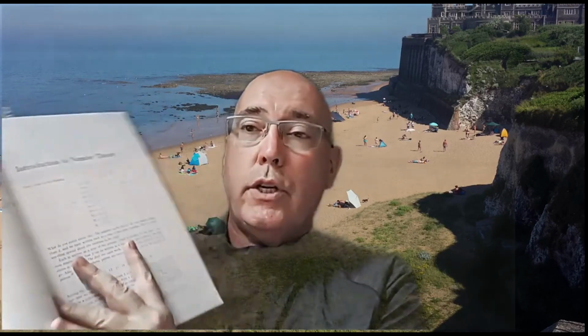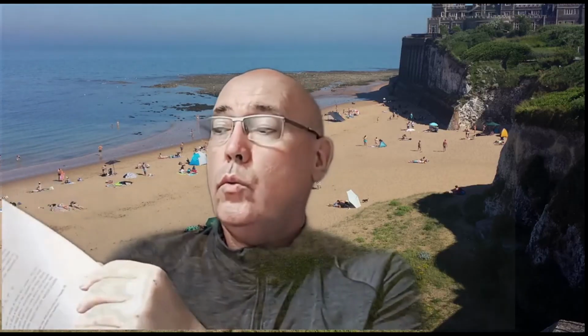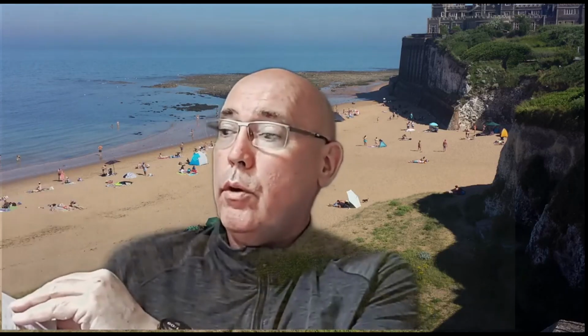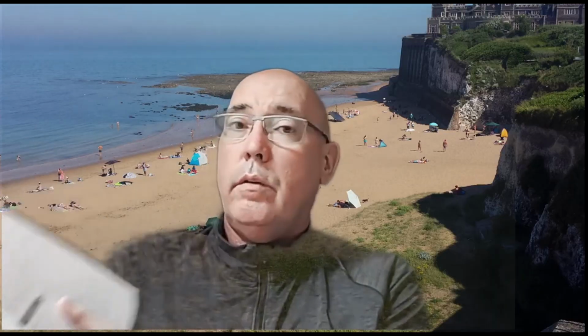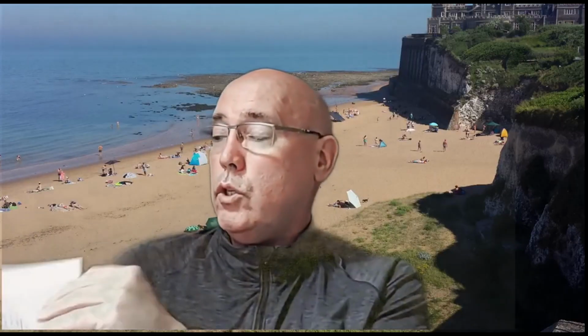Also, at the end of each chapter, it has sort of a little extension bits that show you what else you can do with the material he's just covered. So, for example, Introduction to Number Theory. Again, Cummings has a chapter on sets.